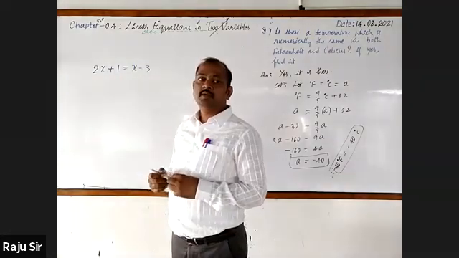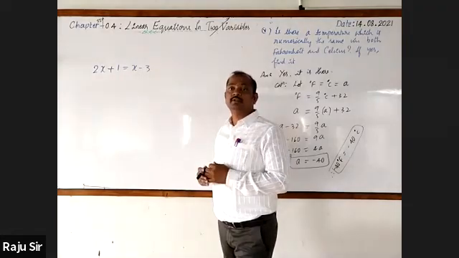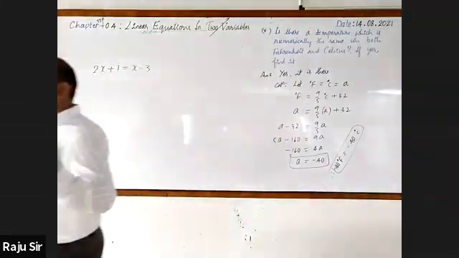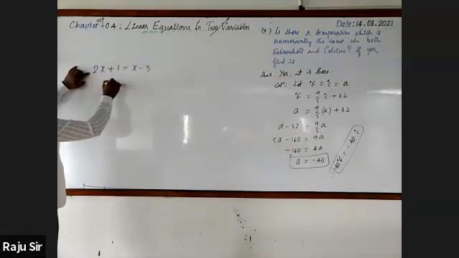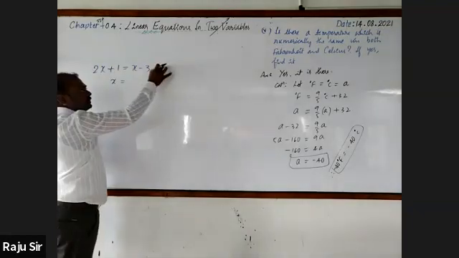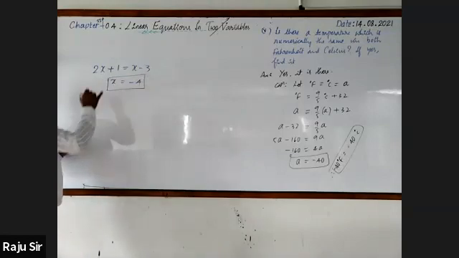It is a linear equation in one variable. So, how many solutions does it have? One. Transfer x to the left hand side. 2x minus x is equal to minus 4.